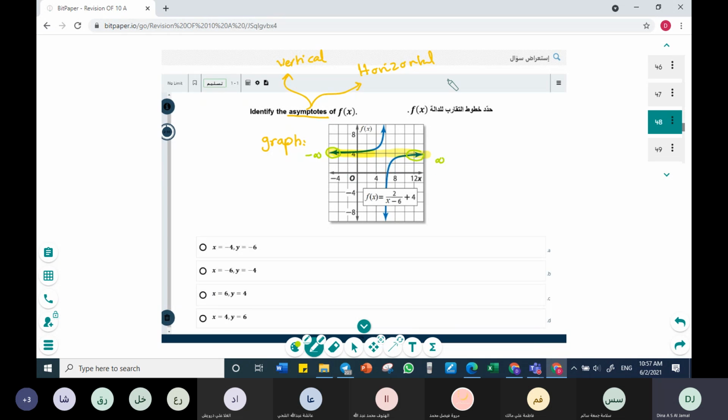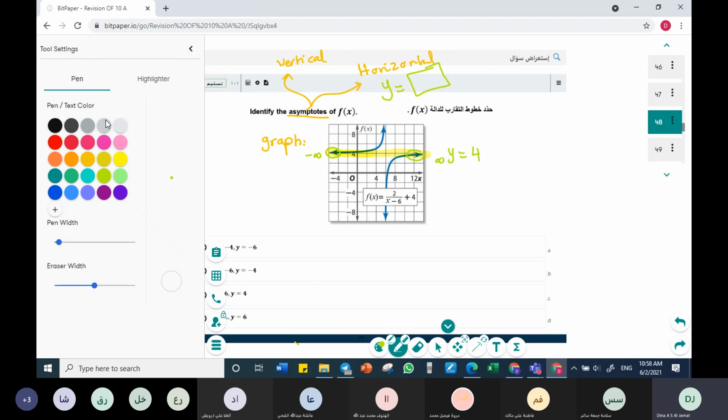That means my horizontal asymptote will be a constant function of y equal to a number, and this number will be the same as the number that my line would be intersecting with. That means y is equal to 4.